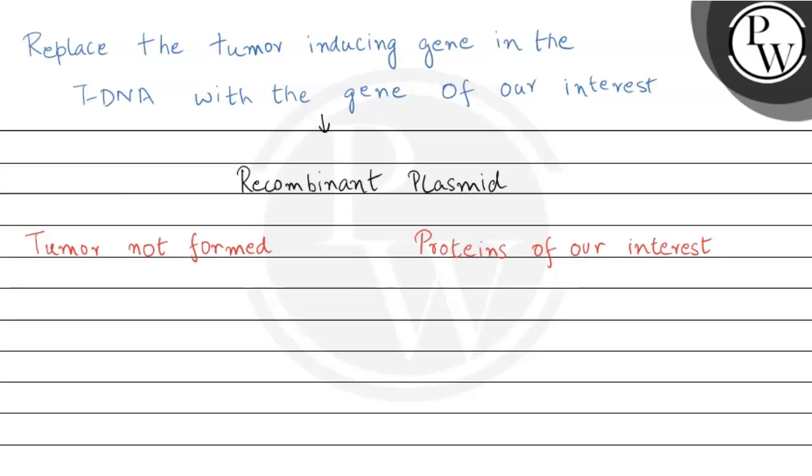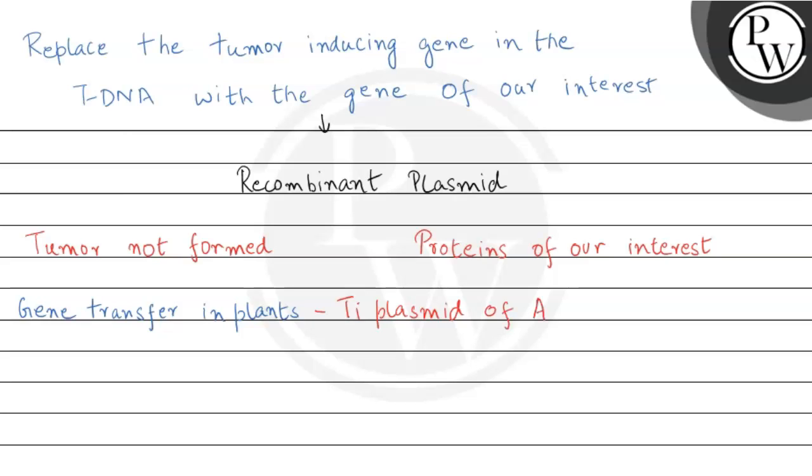So this is how we can use gene transfer in case of plants with the help of Ti plasmid of Agrobacterium.